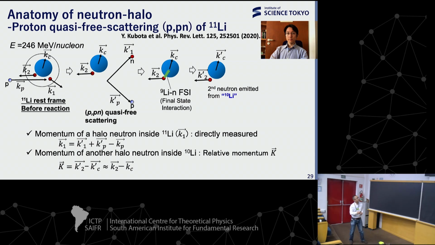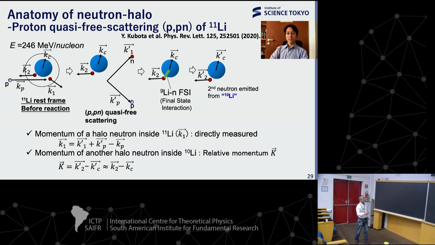And this large K is a relative momentum between lithium-9 and neutron, K2 prime minus Kc prime here. But we consider that this is approximated to be close to the original K2 momentum minus Kc. Well, this shouldn't be equal because there is some final state interaction between lithium-9 and neutron, but anyway, we think this can be a good approximation.